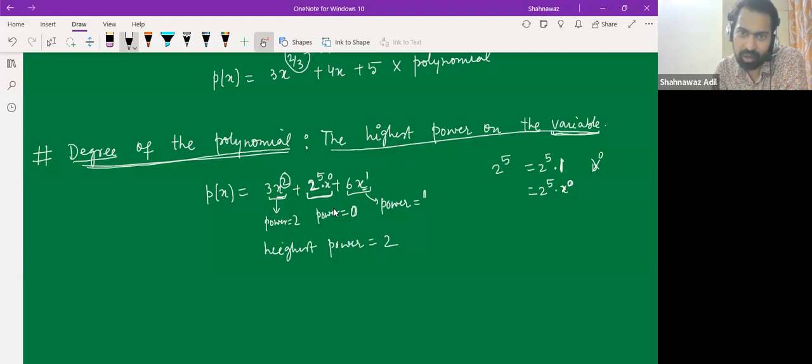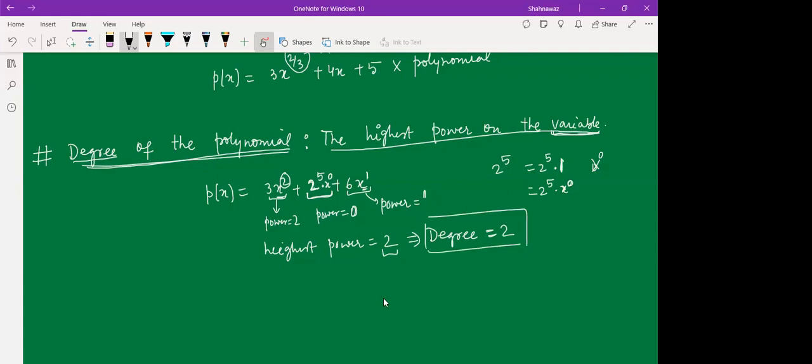We don't bother about the power on the numbers. So the highest power on the variable is 2, which means the degree of this polynomial is 2, right? So this is the degree of the polynomial.